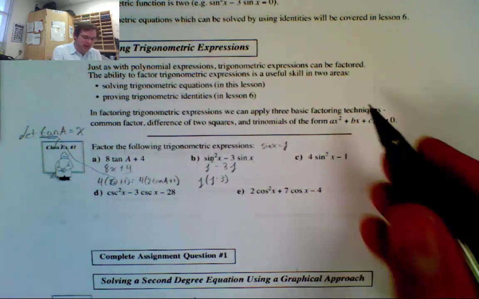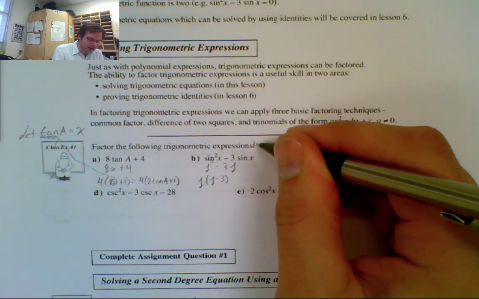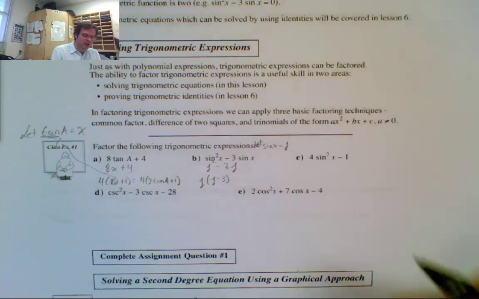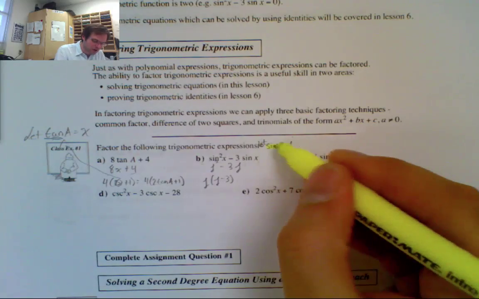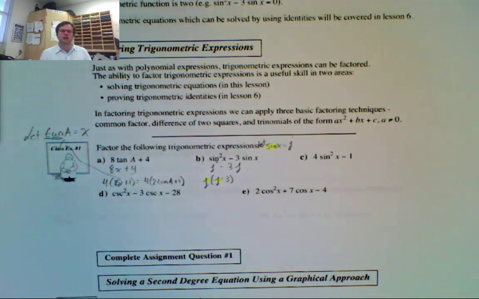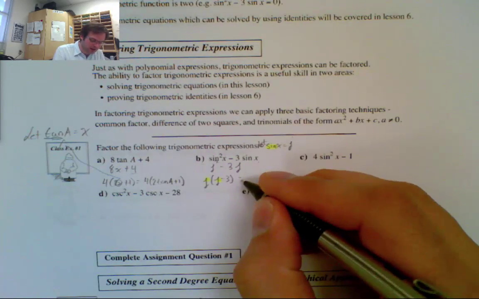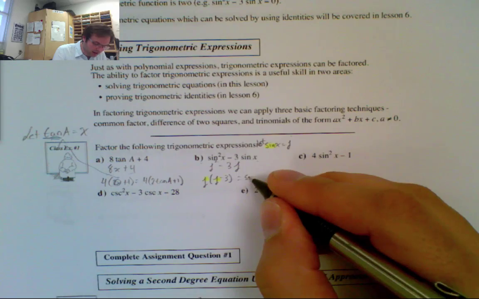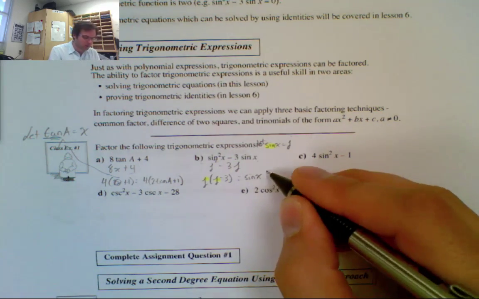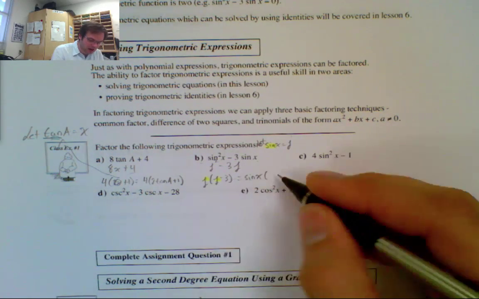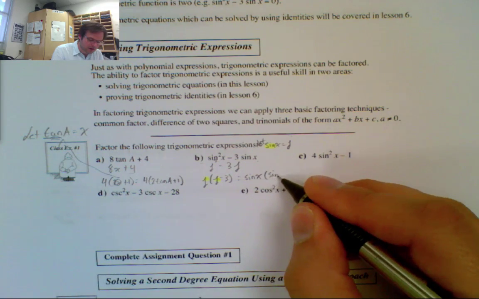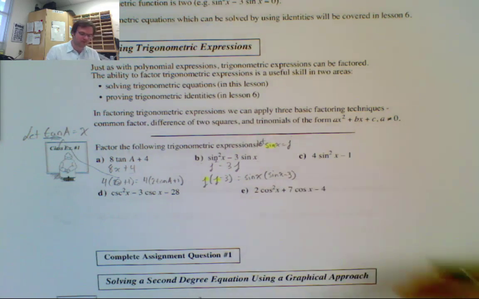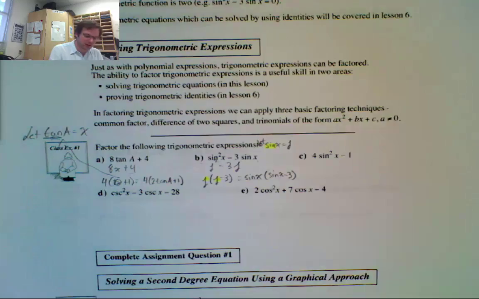Well, I let sine x equal j, so I'm going to put sine x back in for each of my j's. So for my final solution, we're going to have sine x multiplied by sine x minus 3.